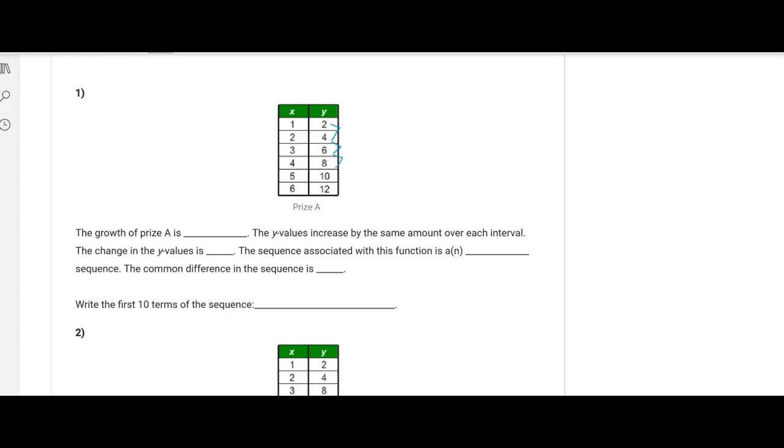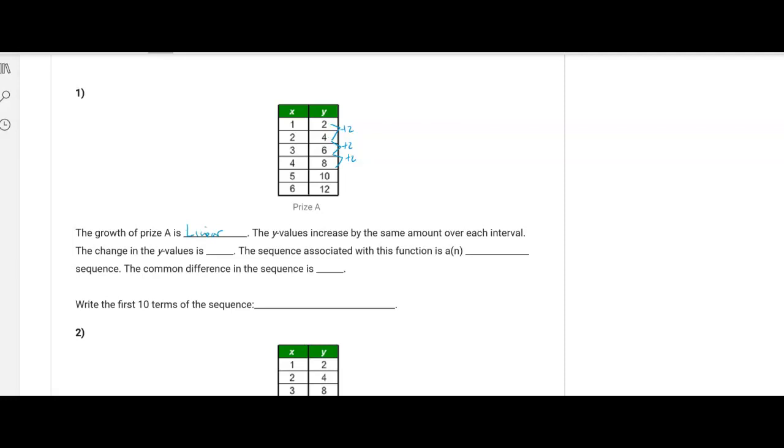Is it showing an arithmetic or a geometric sequence? I can multiply 2 by 2 to get 4, but if I do 4 times 2, I don't get 6. So I add 2 here, and I add 2 here, and I add 2 here. Because I'm adding the same amount each time, that means it's basically linear growth. If it's arithmetic, it's linear.